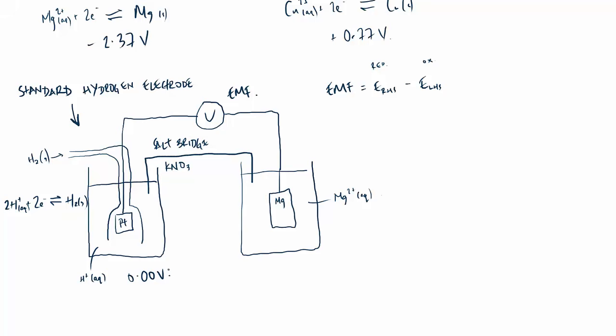Now, given that we use this as a 0 value, we know this side is therefore going to be 0. So we can just say minus 0.0. So whatever our value is on here, it's essentially going to be the electrode potential of the right-hand side. So for this particular situation, we can say that the EMF is equal to the electrode potential of the right-hand side, which in this case is minus 2.37 volts.